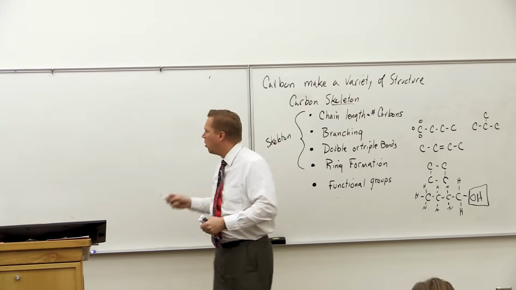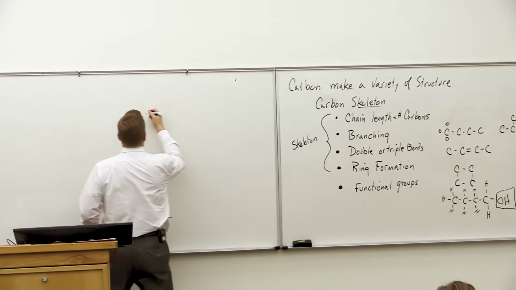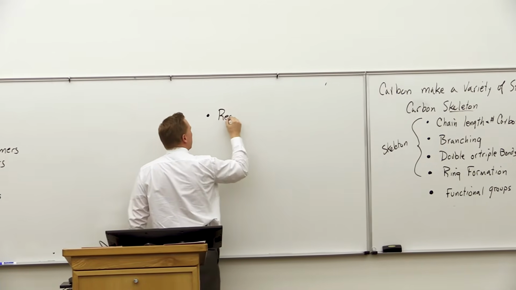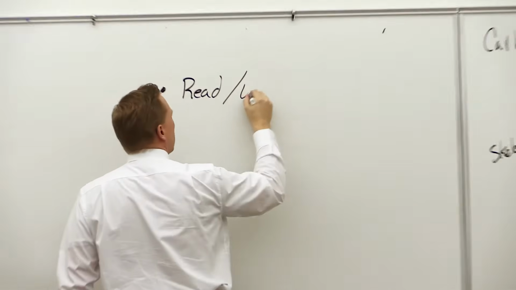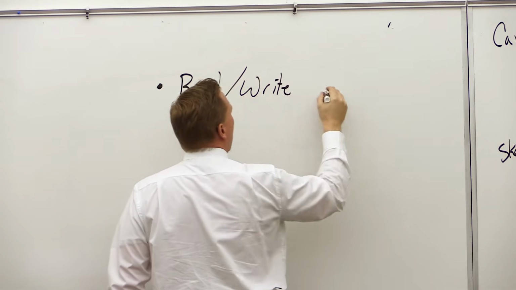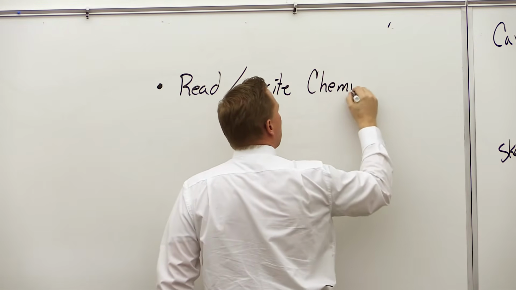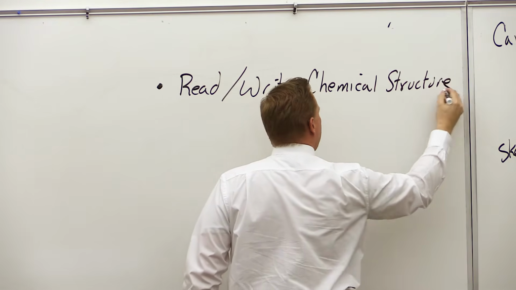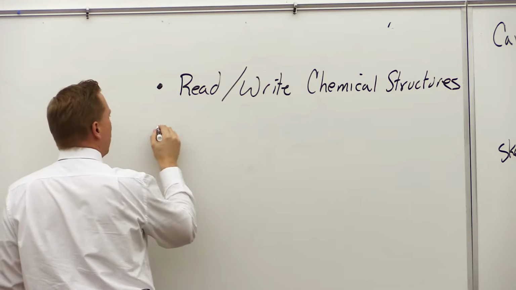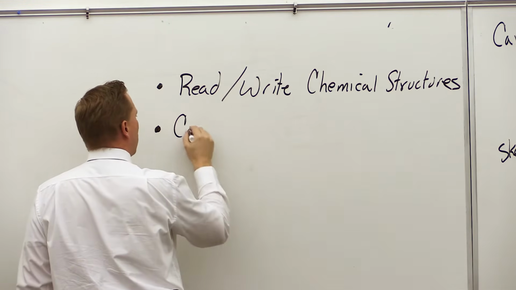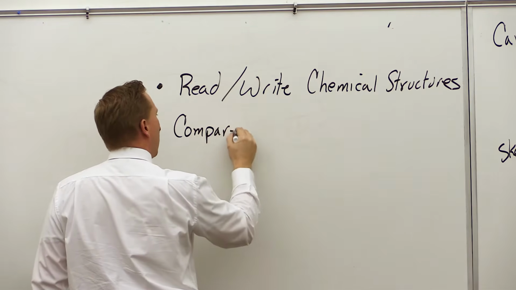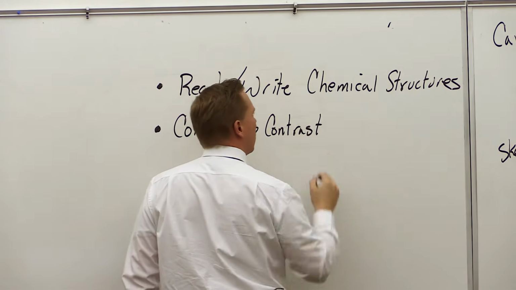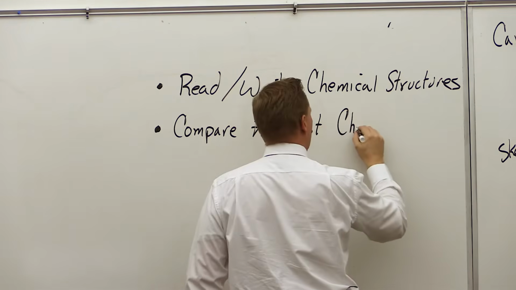And so it becomes important in the course to be able to read and actually to some degree write or draw chemical structures. It also becomes important to really be able to compare and contrast those chemical structures.